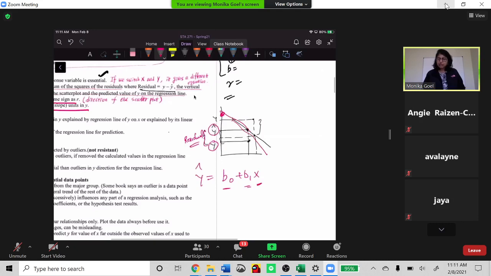As you plug in the value of x, whether 1, 2, 3, or whatever value of x you have, it multiplies with the slope and then adds to your intercept to give the predicted value of y. If your slope is positive, the values will increase. If the slope is negative, you are going to subtract this value from your y-intercept, so it will go down. And again, it depends upon what values of x you are plugging in.